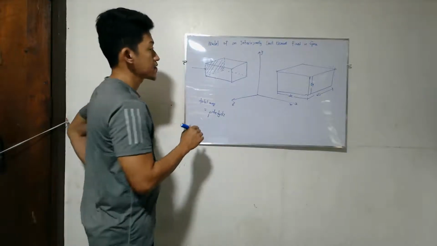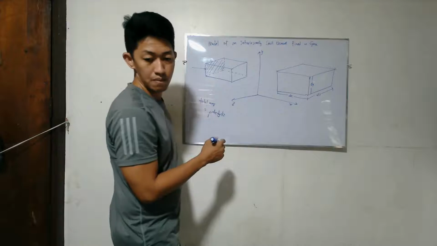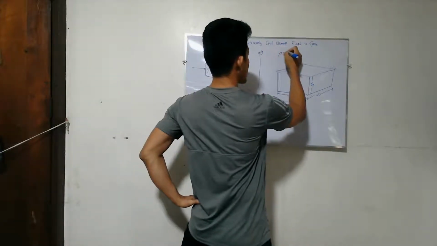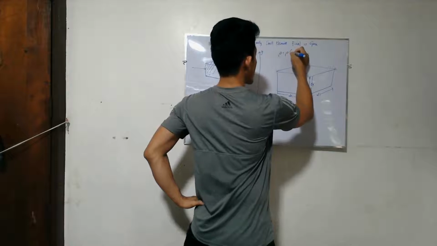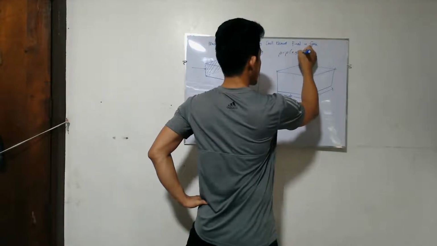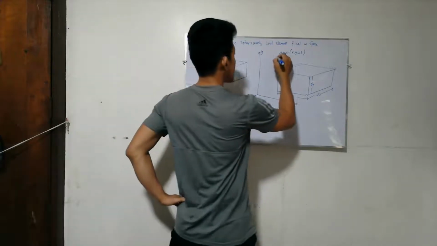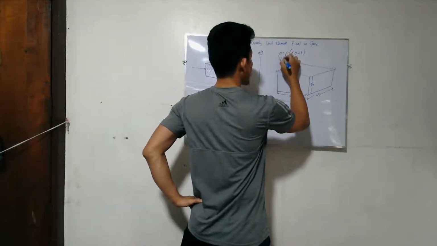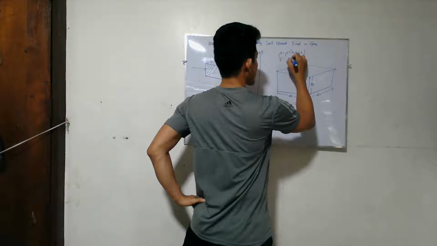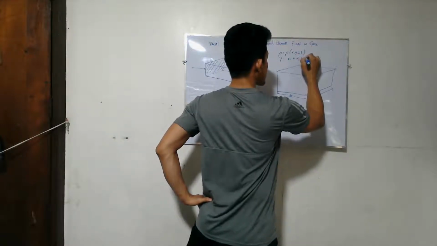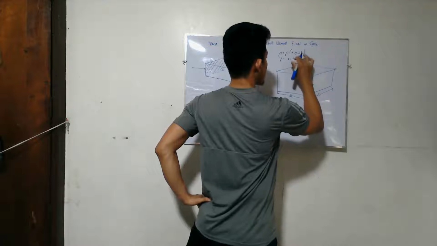And kani siya, ano man siya? Ang imong density is a function of x, y, z, and time. And also, ang imo ang velocity is a vector field or vector function. Ano?